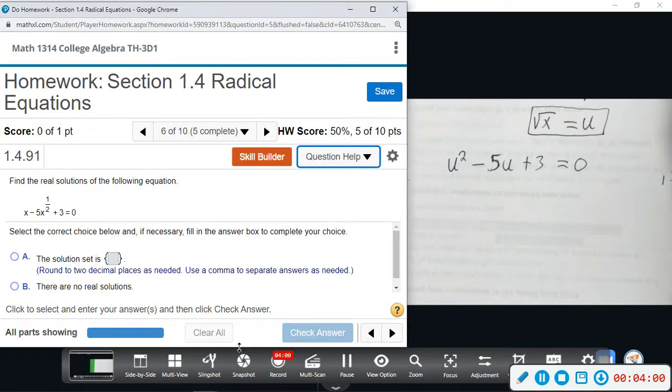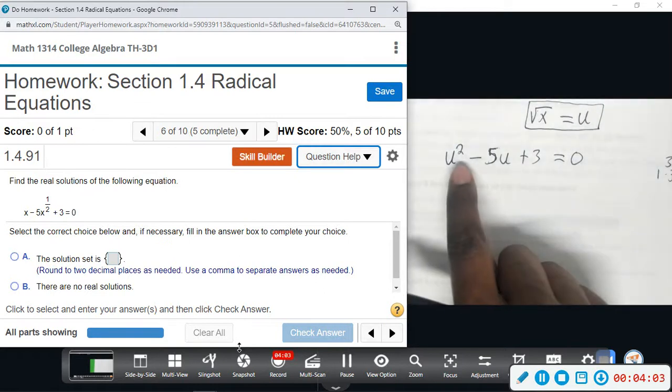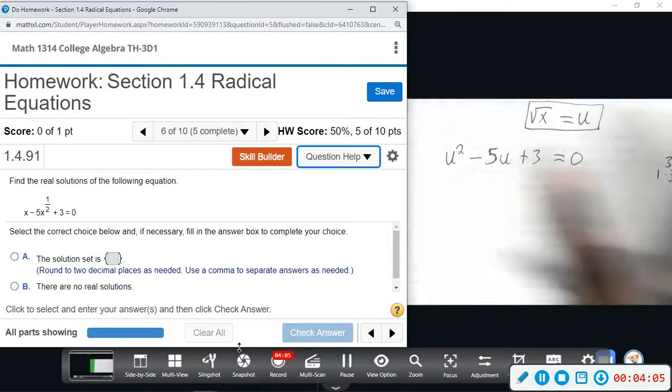Now normally when we do quadratic formula, we have X equals in the formula.